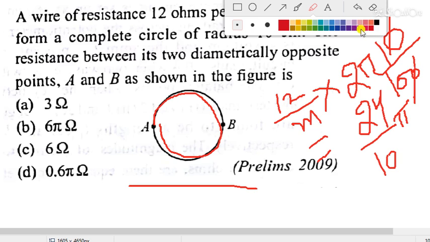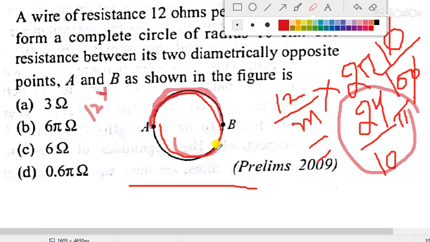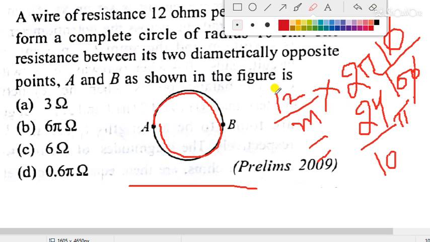So you can see the resistance between points A and B. If I have to find the resistance between points A and B, then it will be 12 into pi. So this is the complete resistance of this wire circle. So when I have to connect two points A and B, then you can say, I will explain. Wait.